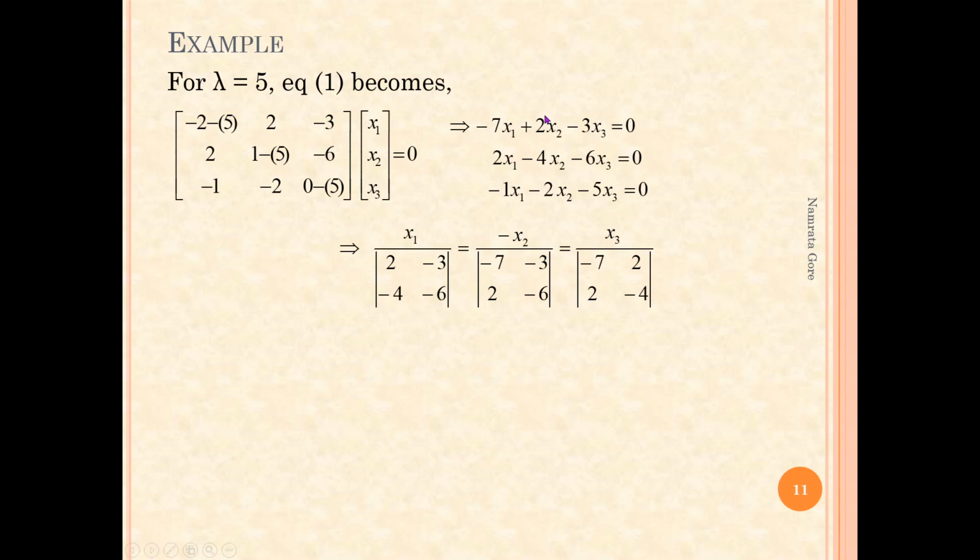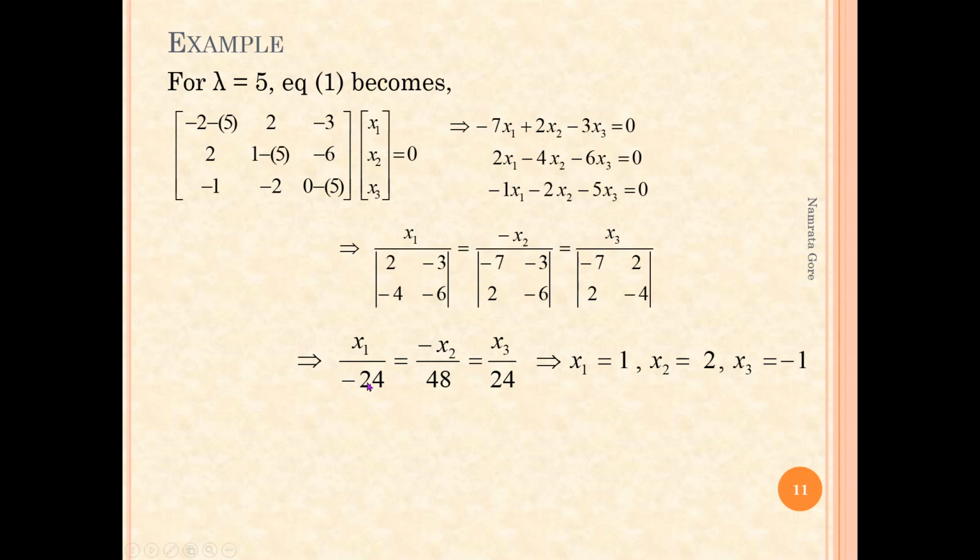You can consider any 2 equations out of these and you are going to get the same values of x1, x2, x3. Since I am getting larger values of x1, x2, x3, I can reduce them by dividing by -24, and I get x1 as 1, x2 as 2 and x3 as -1.